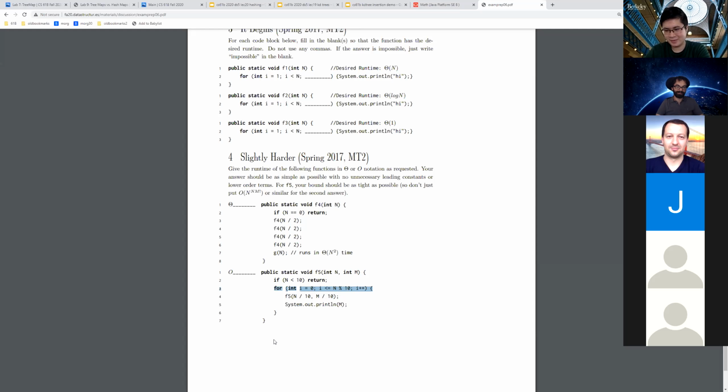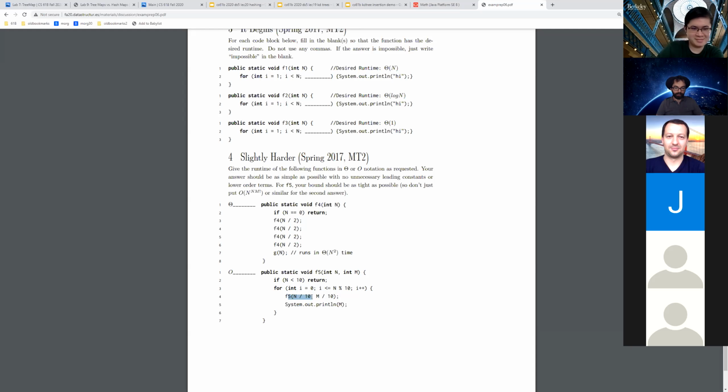So when we call f of 5 on n divided by 10 and m divided by 10, each time we're dividing n by 10, and in our base case we return if n is less than 10, so the runtime should be theta of n, because we don't really care that it's getting divided by 10 each time. Is that the right way?